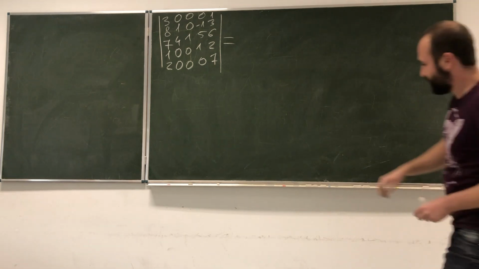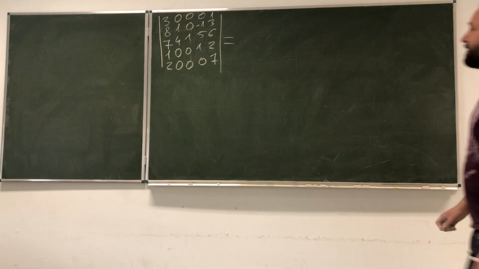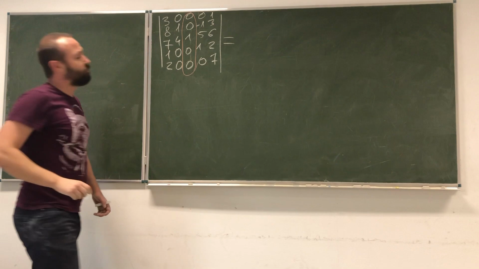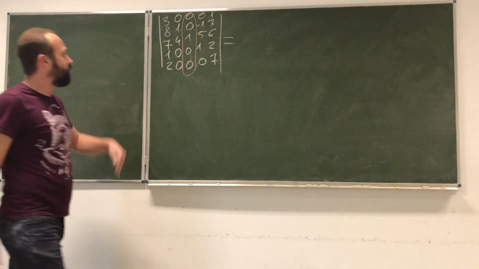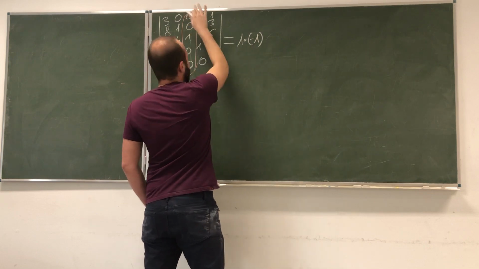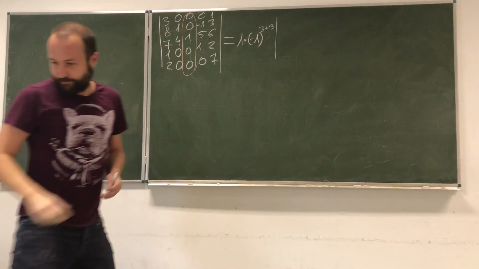We're going to do Laplace expansion. We start by choosing the best row or column. Here, definitely, this is the column we should use. So what am I writing? 1 times negative 1 to the power 3 plus 3 times the minor.